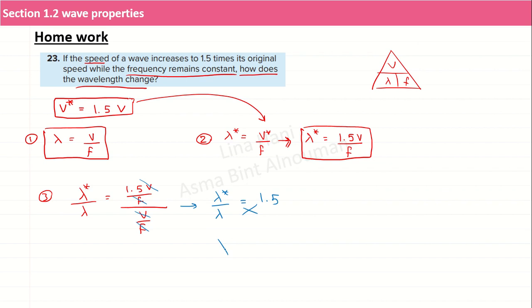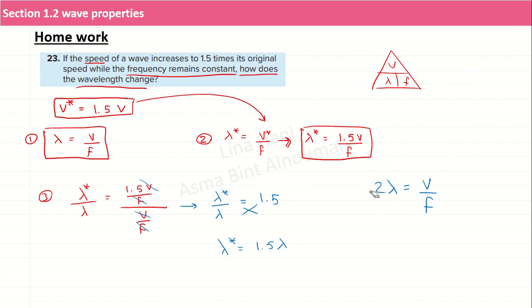Cross multiply. You can see that the new wavelength is equal to 1.5 times the old wavelength. So when the velocity increased to 1.5 times its original value, the wavelength has increased by the same amount. And it makes quite good sense. Remember that lambda equals v over f. If we double the speed, the wavelength doubles.